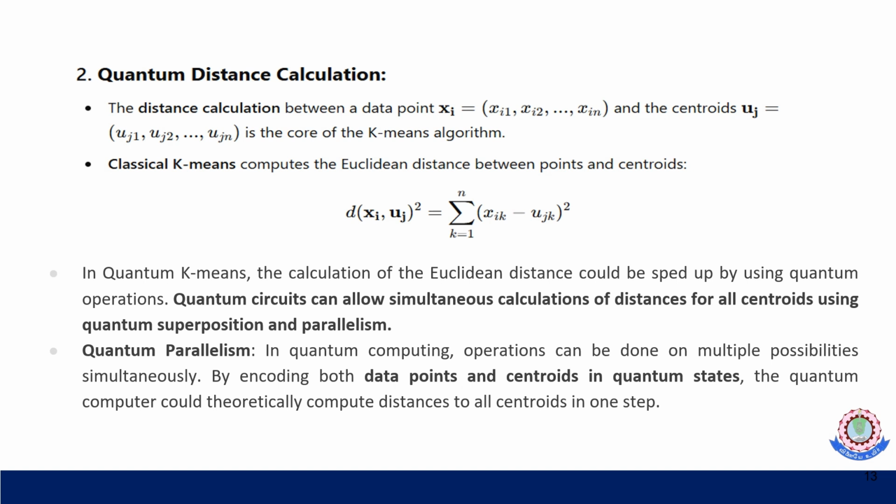Quantum distance calculation is to be done with the help of a distance measure, which we discussed in classical K-means clustering. In quantum states, quantum circuits can allow simultaneous calculation of distance for all centroids using quantum superposition and parallelism. In quantum parallelism, operations can be done on multiple positions, data points, and centroids in the quantum states.